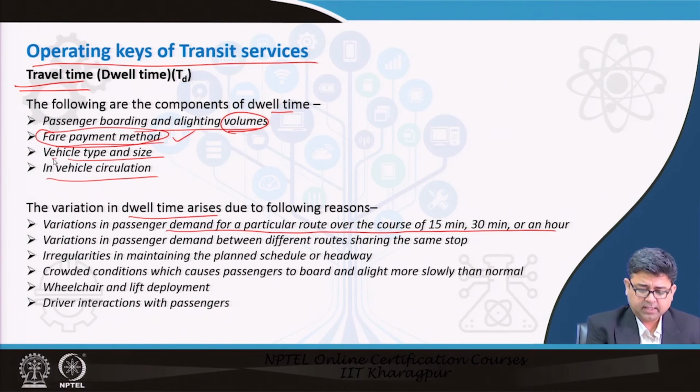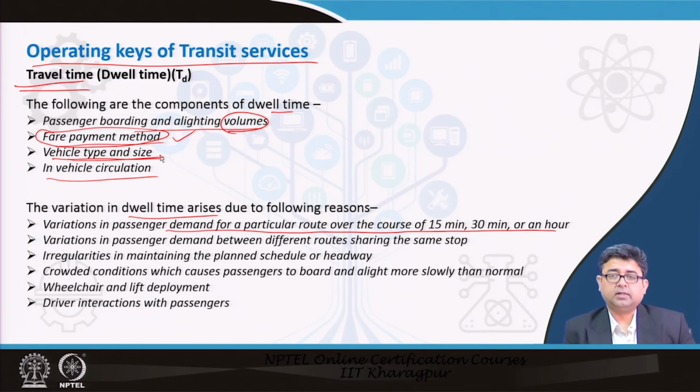Vehicle type and size: you can understand that with smaller vehicles, more people are waiting to use those vehicles, and dwell time goes up. Larger vehicles with two different doors, or sometimes articulated buses with multiple doors, allow you to reduce your dwell time.